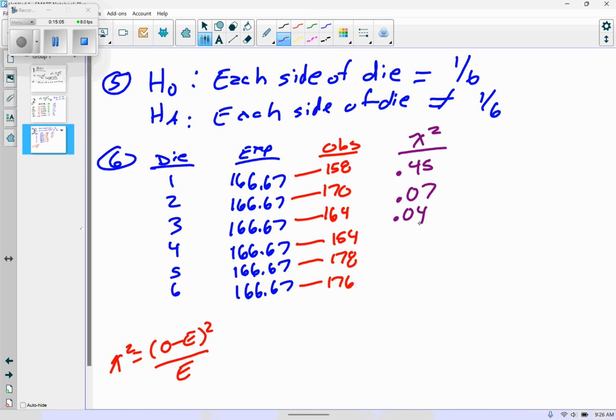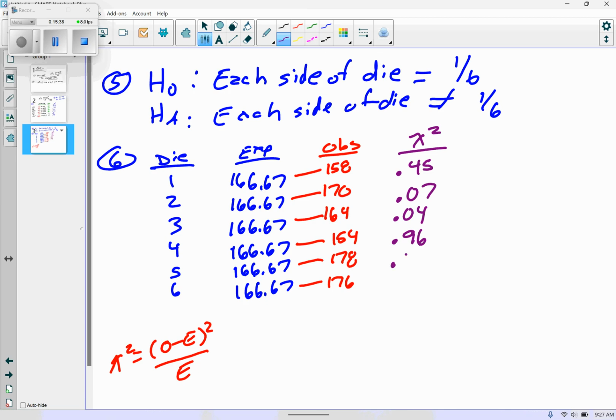Square that, divided by, 0.96. Almost done. 166.67 minus 178, square that, divided by 166.67.